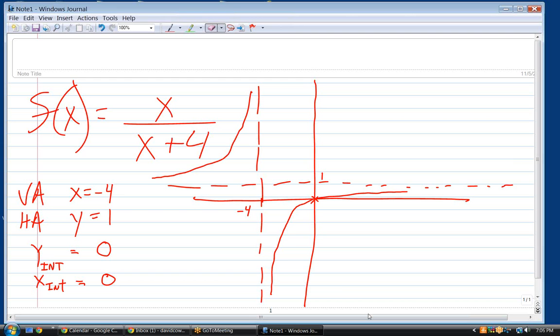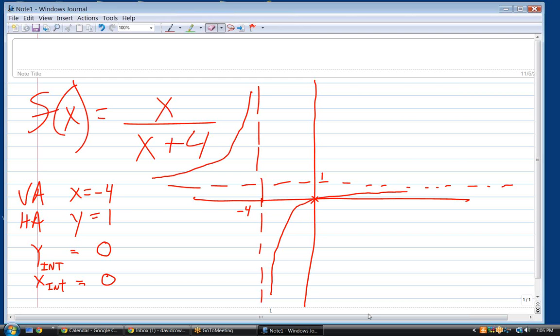What else did they want to know besides intercepts and asymptotes? There's no holes. That's it for this one. Holes come from when you have a common factor in the numerator and the denominator, and you can cross it out.